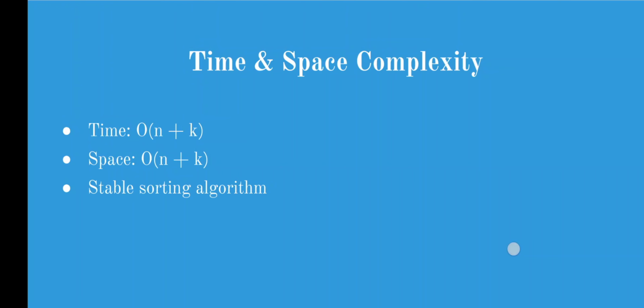But in the case of comparison sorts, the time and space complexity can vary. Space complexity can be O(1) as well, but the time complexity cannot be optimized further than n log n. So that is the best we can do in comparison sort. That is the beauty of this counting sort algorithm. It is a stable sorting algorithm, which means it preserves the order of the duplicates.